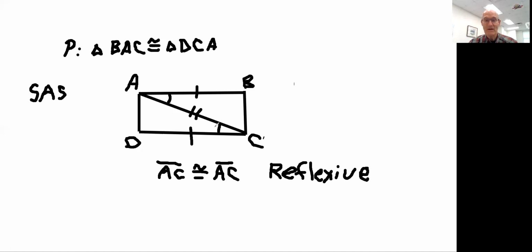So I have a side-angle-side equal to a side-angle-side. I have proven that triangle BAC is congruent to triangle DCA, and the reason I would put right out here beside it would be side, angle, side.